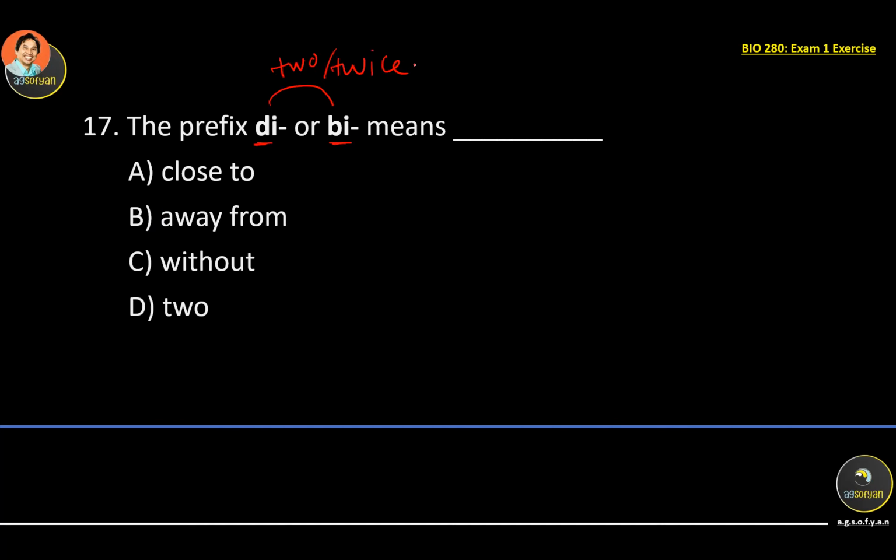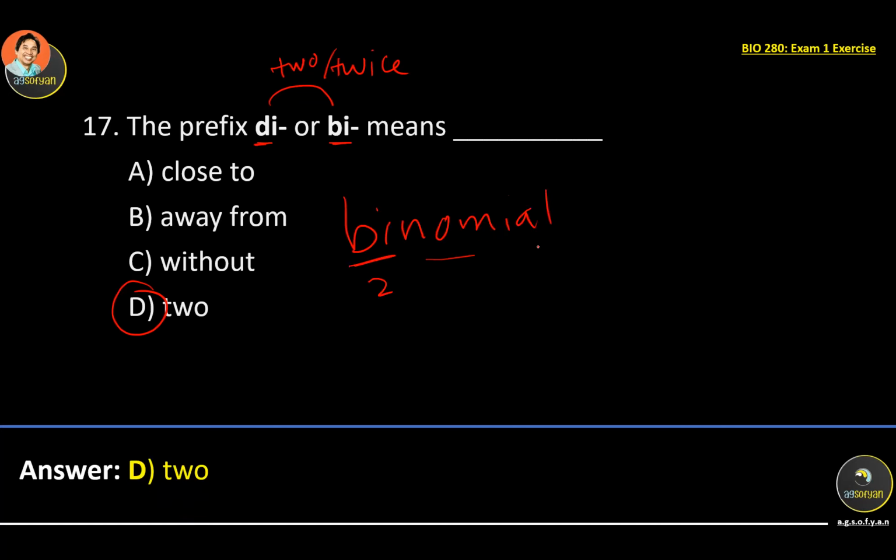So the answer will be two or twice. For example, there is a rule of naming organisms called binomial. Bi means two, nomial means name. So every species will have two names following this rule, binomial, which means two.